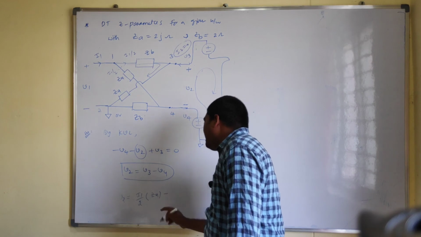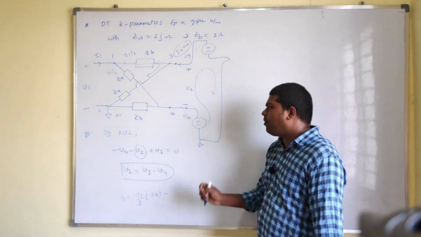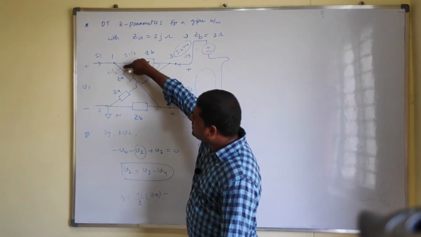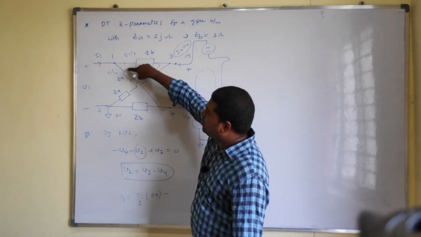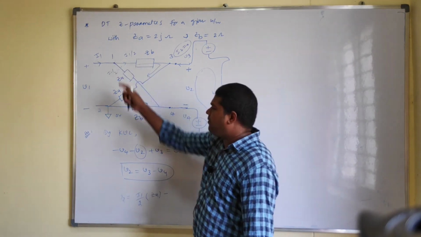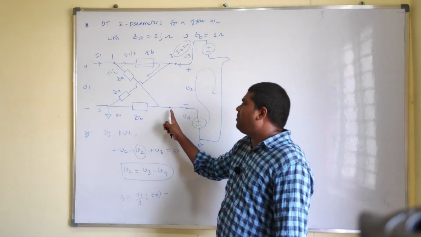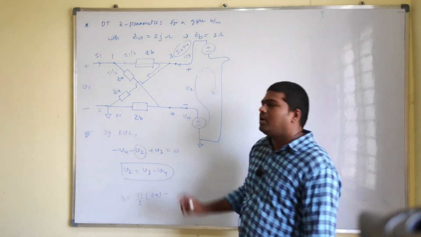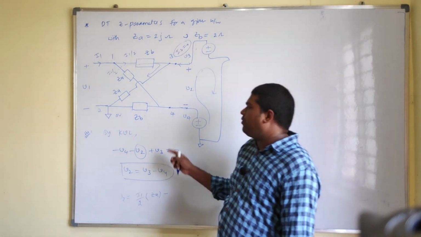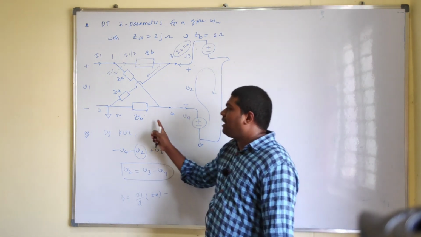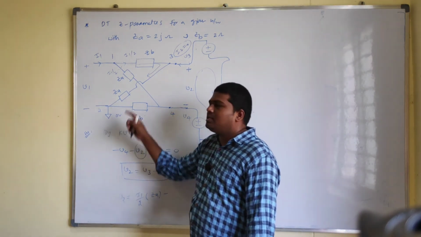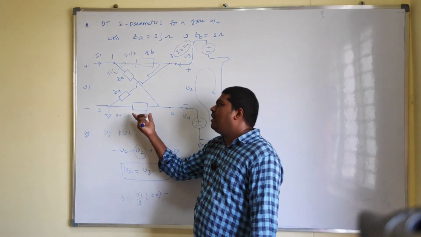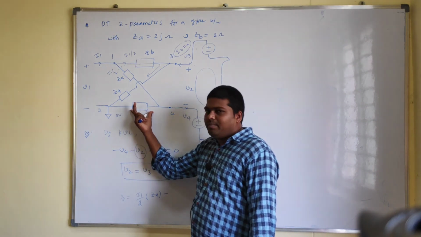In the same way, if you want to calculate the V4 voltage: for this branch the voltage drop is V4 minus V1, but for this branch the voltage drop is V4 minus 0, so this entire branch voltage equals V4. To calculate V4, the current into this particular impedance value will give V4. So how much current is passing through this particular branch?